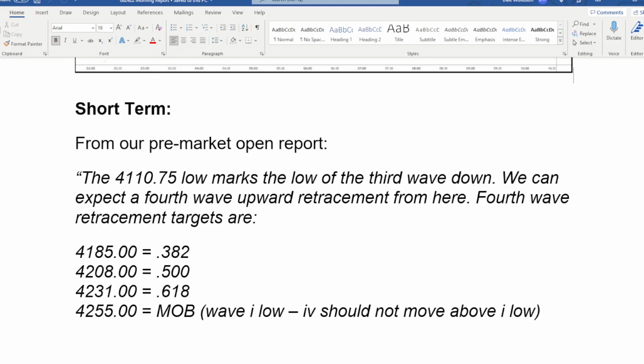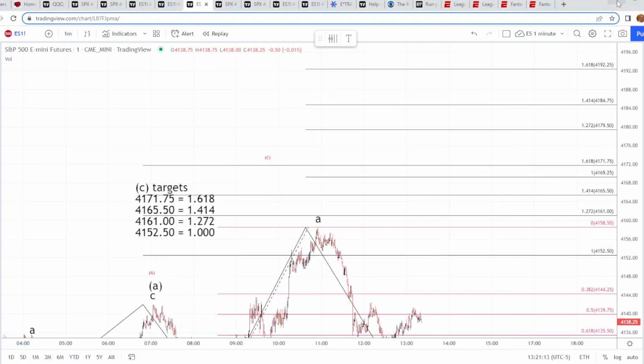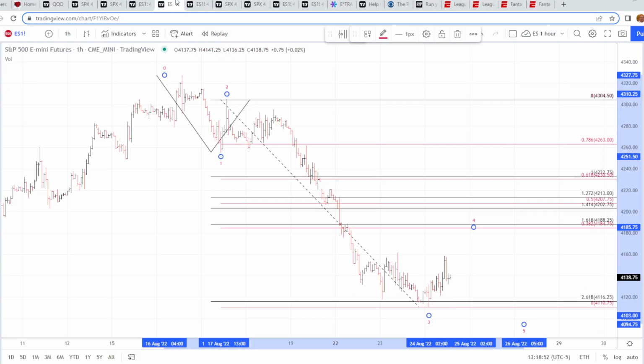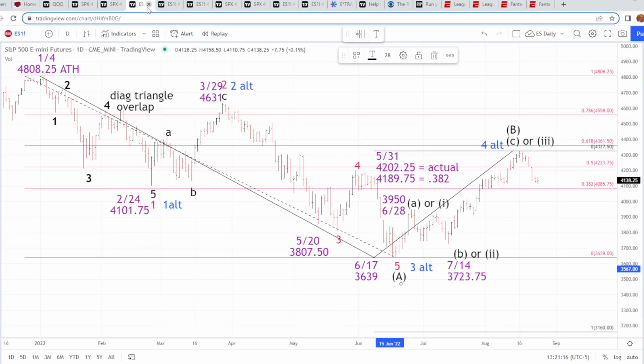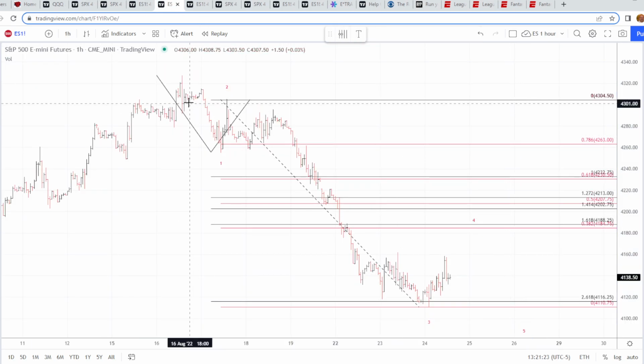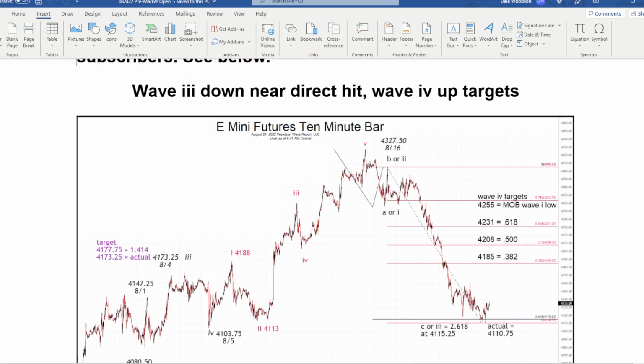Again, that 42.55 is the make or break. Let me get you guys back to the bigger picture here. Here we go. Work our way back. That is the daily. That's the move down. And there is the hourly from that high. And let me get you guys one more look at the pre-market open. That's the bigger target I was looking for right there.